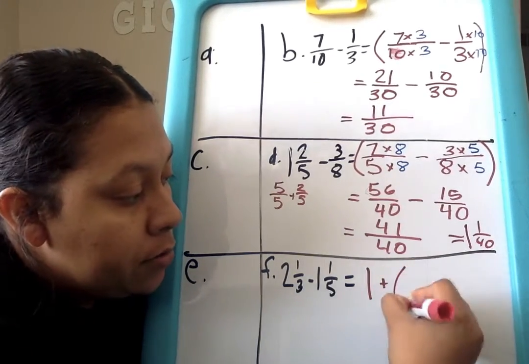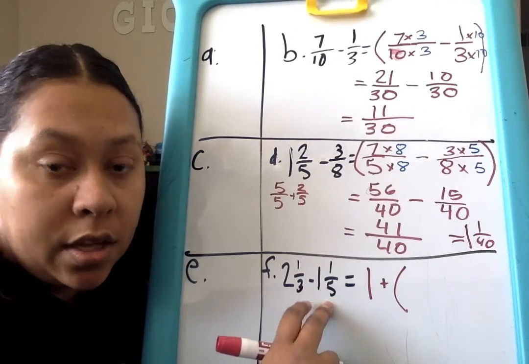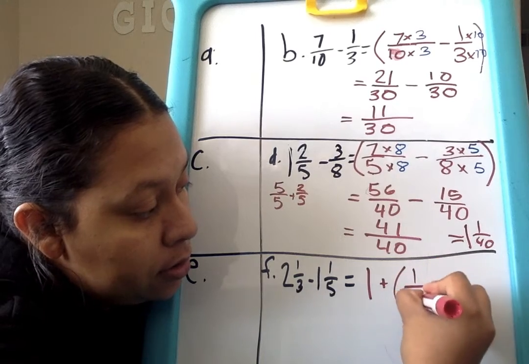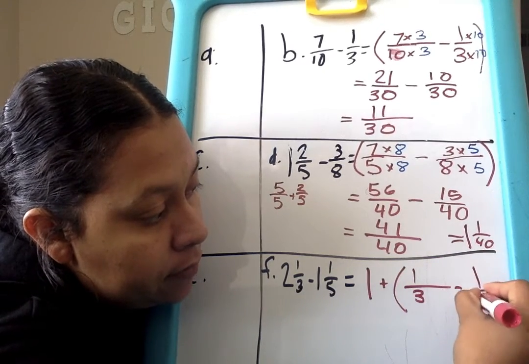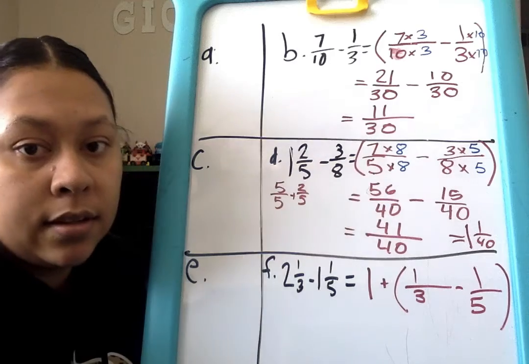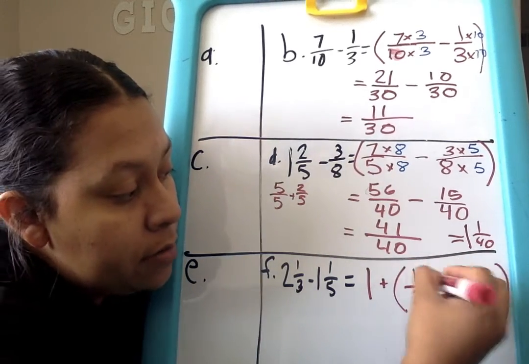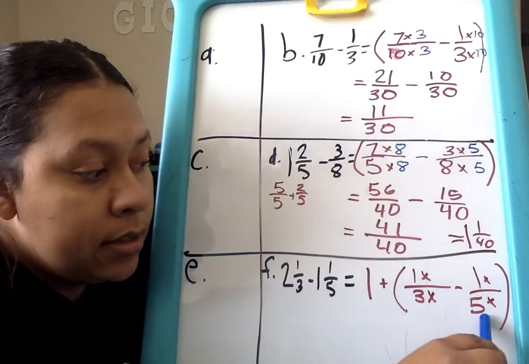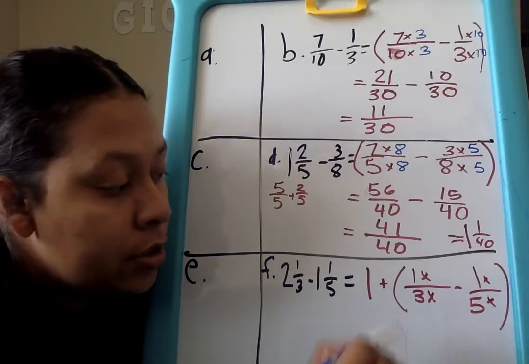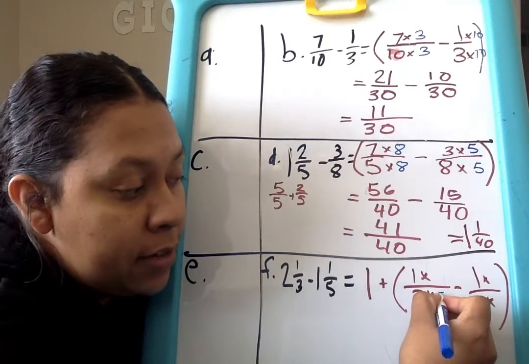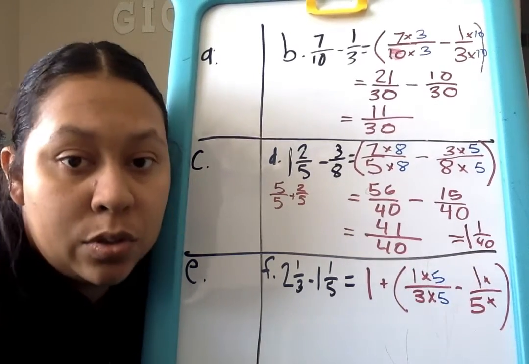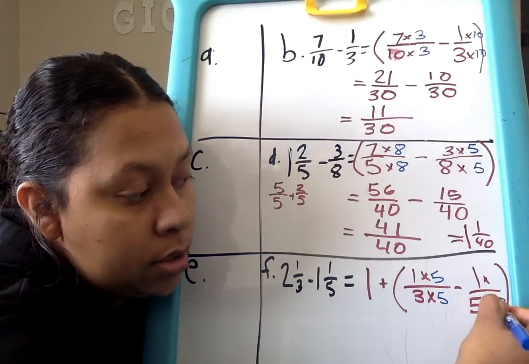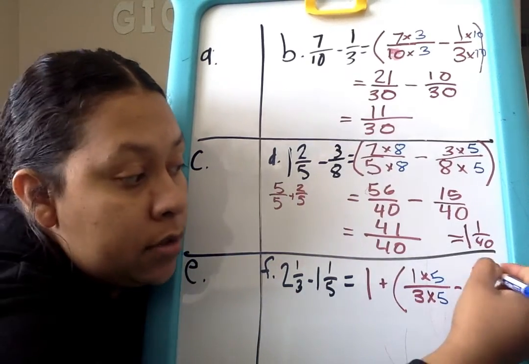So now we need to find our common denominators, our like units. So we have thirds and we have fifths. 1/3 minus 1/5. Okay, so now we need to figure out what we're going to multiply each denominator by to make denominators common. So thirds we're going to multiply by 5, and what you do to the bottom you have to do to the top. And fifths we're going to multiply by 3, and what you do to the bottom you have to do to the top.